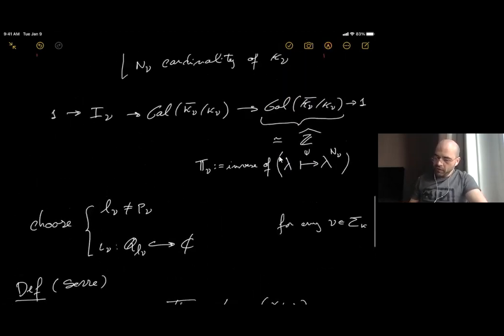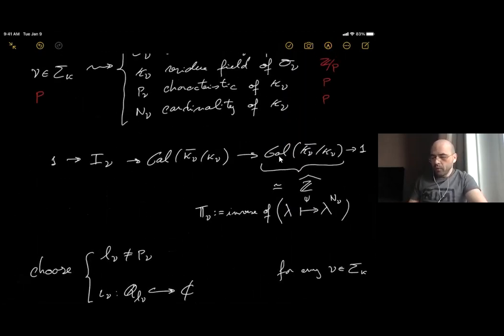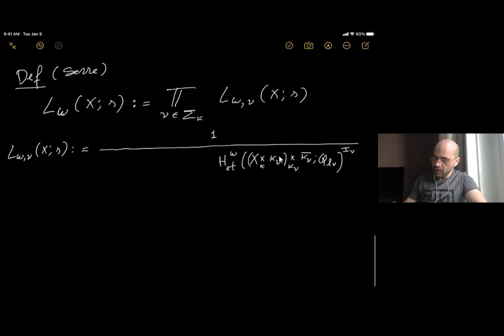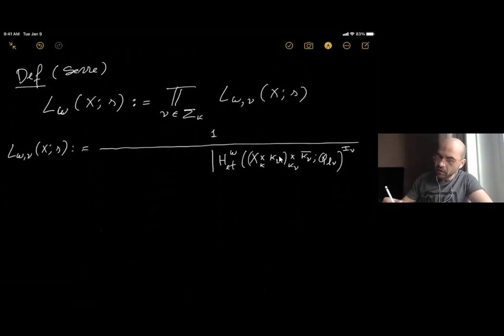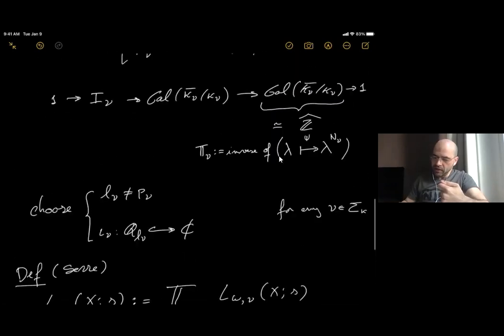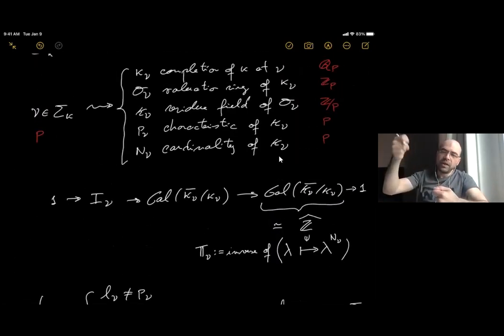So those things that are fixed under this inertia subgroup will carry an action of Z hat. So there's Z hat acting there. So the geometric Frobenius will act there. So I can look at the geometric Frobenius acting here. So it's this element. And now what I want to do is to take the characteristic polynomial of this action, of this automorphism. But then I want to replace t in this polynomial by the cardinality here, raised to minus s. So in order to do that, I need the coefficients of the polynomial to be actual complex numbers.